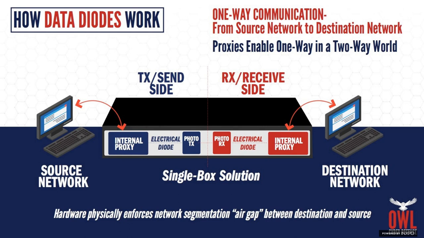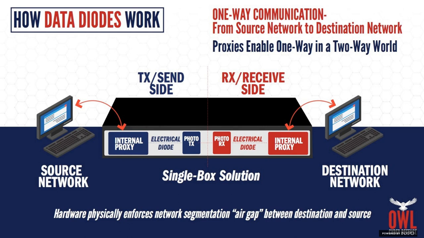To explain that, we have a proxy on either side. I have the source side, and this is the side where the information that is important to me or that I need to share is generated. Again, it could be syslog information, it could be historian data, it could be the output of a particular turbine or whatever it is. That information is being sent to the destination today.